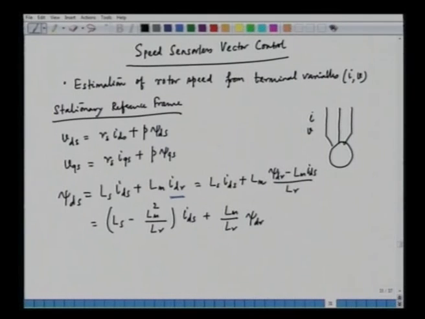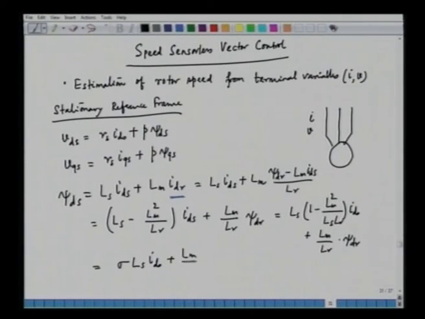And then as before, we can say that that's equal to Ls into 1 minus Lm square by Ls Lr into IDS plus Lm by Lr into psi dr. That's equal to the leakage factor sigma into Ls into IDS plus Lm by Lr into psi dr.